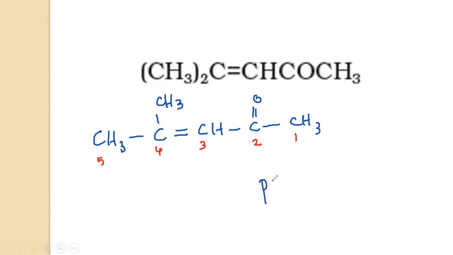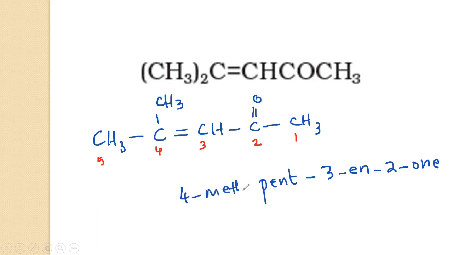So we have pent. Between 3 and 4, there is a double bond. So position of the double bond is 3. So pent-3-ene. And on the second position, we have the keto group. So pent-3-en-2-one. And this is 4-methyl. So 4-methylpent-3-en-2-one. This is the name of the compound.